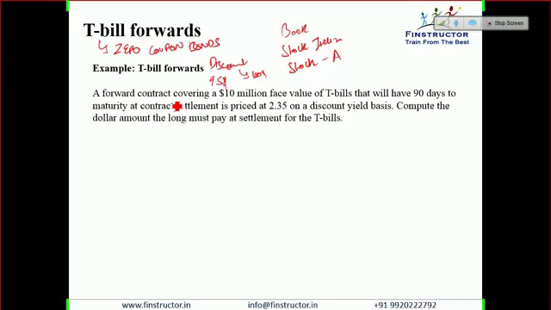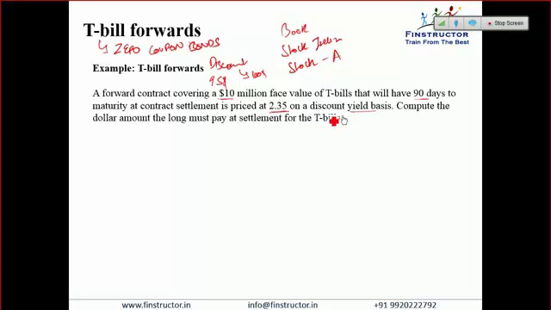A forward contract covering $10 million face value of T-bills that will have 90 days to maturity at contract settlement is priced at 2.35 on a discount yield basis. Compute the dollar amount the long must pay at settlement for the T-bills.